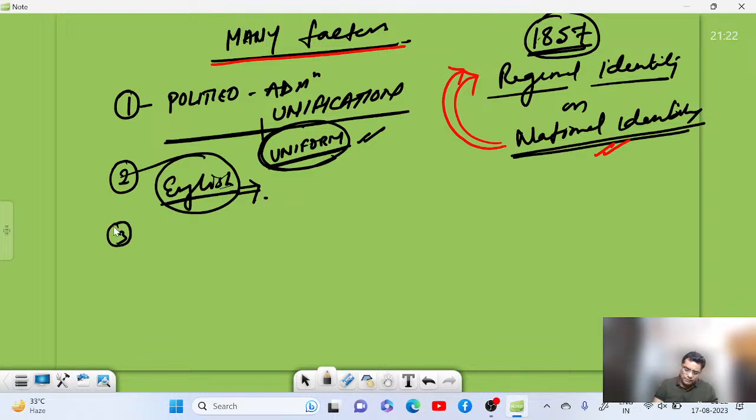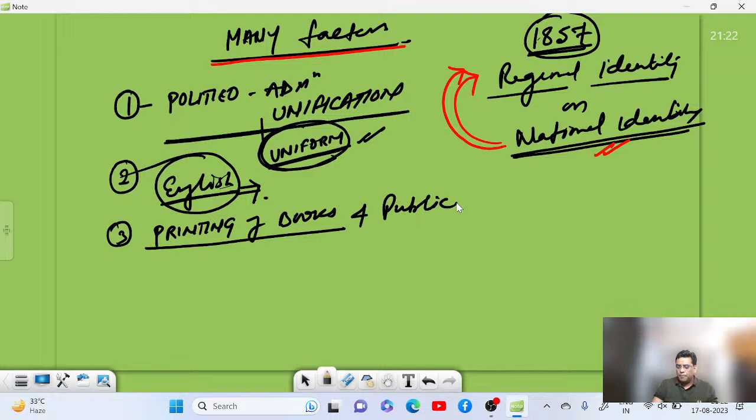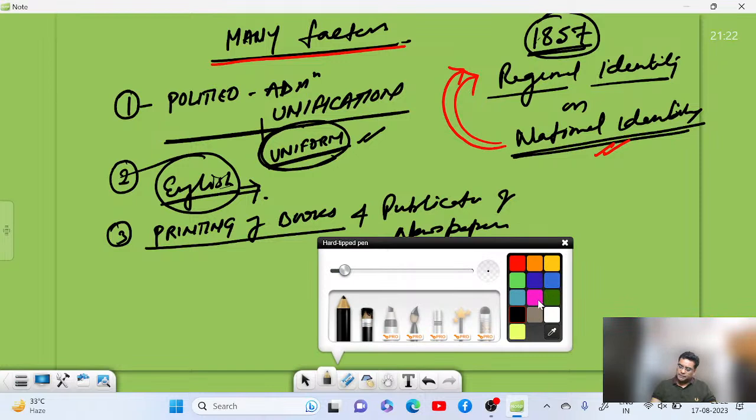Then the third is the printing of books and publication of newspapers.